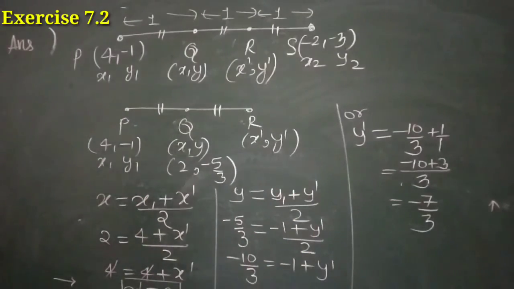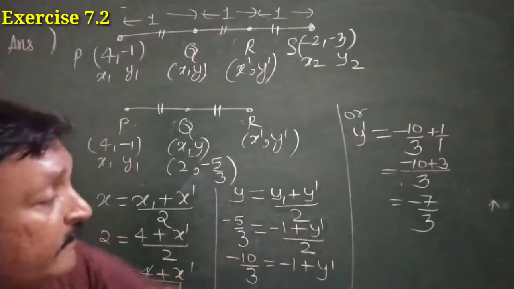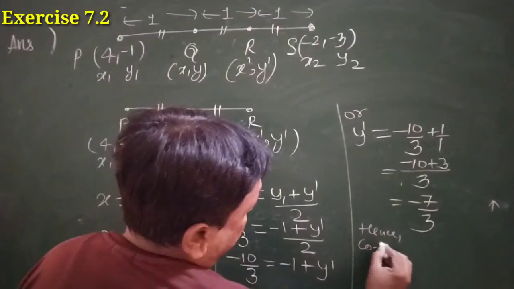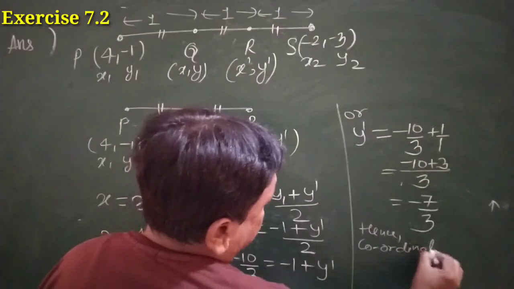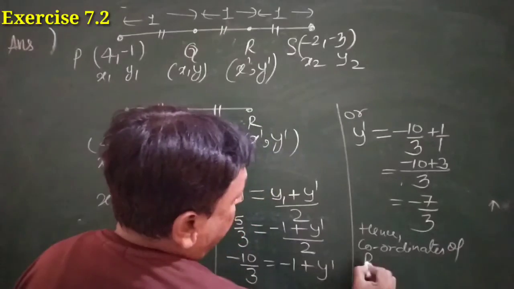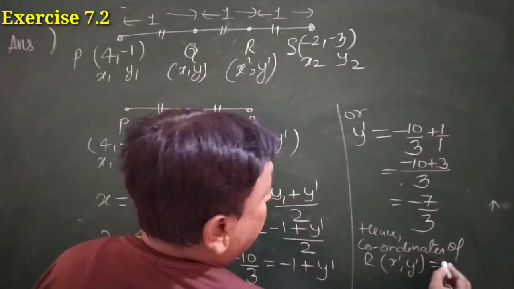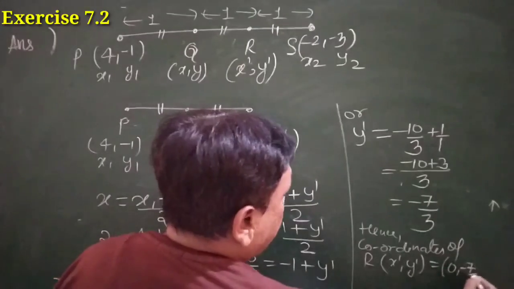So the coordinates of the point are 0, minus 7/3. Hence, the coordinates of R, that is x dash, y dash, are 0, minus 7/3.